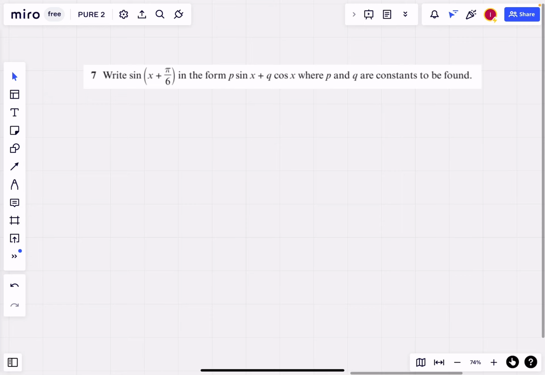Okay, this one isn't so bad. You need to use the sine addition formula. The sine addition formula looks like this.